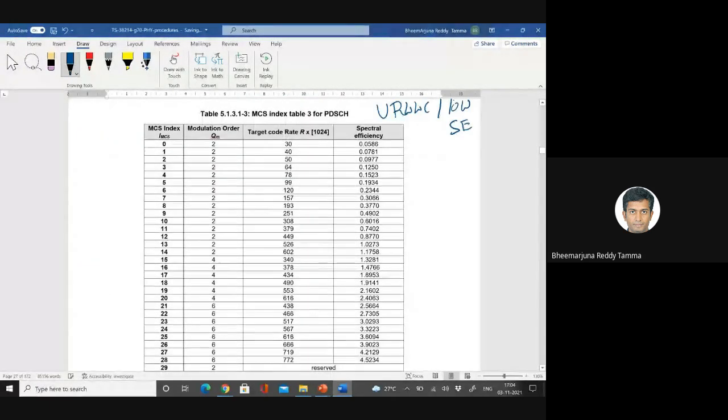Now come back and see here. Maybe I will show you the same example. Here you are packing 30 bits over 1024 bits with QPSK.